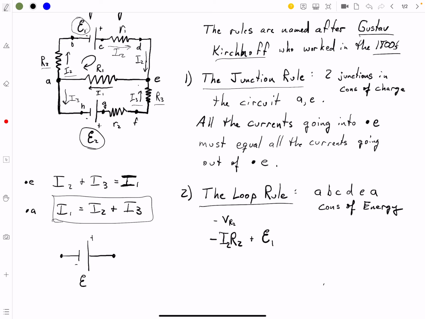When you do it this way, if we say this is point A and this is point B, your delta V equals VB minus VA. No matter what happens, VA is smaller than VB.